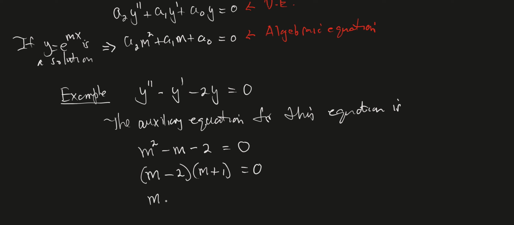So m1 is equal to 2, or m2 is equal to -1. Then the question is, would these numbers really work? This implies that we basically have two solutions: either y is equal to e to the 2x, or y is equal to e to the -x.